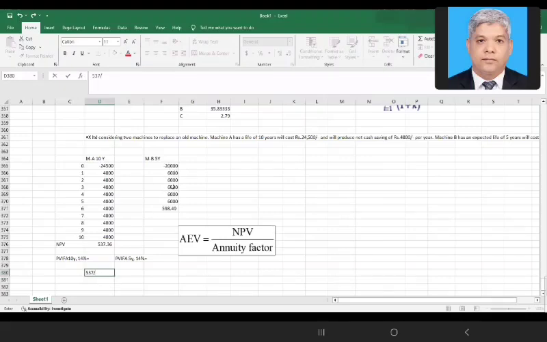Again, check the annuity factor value using 5 years and 14%. Then divide the NPV of machine B, 598.49 rupees, by the annuity factor at 5 years and see the difference. So definitely this is going to be best.